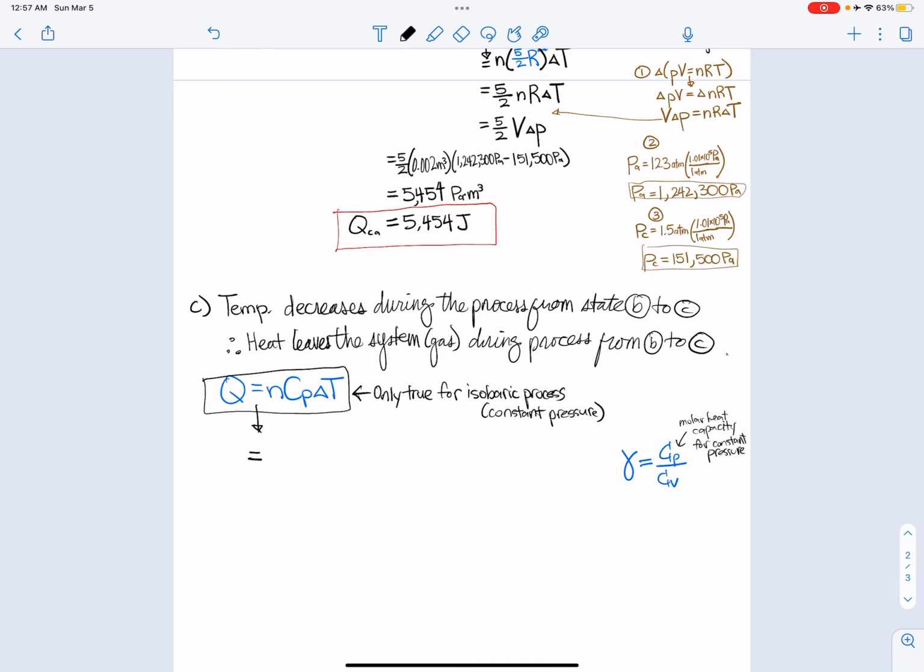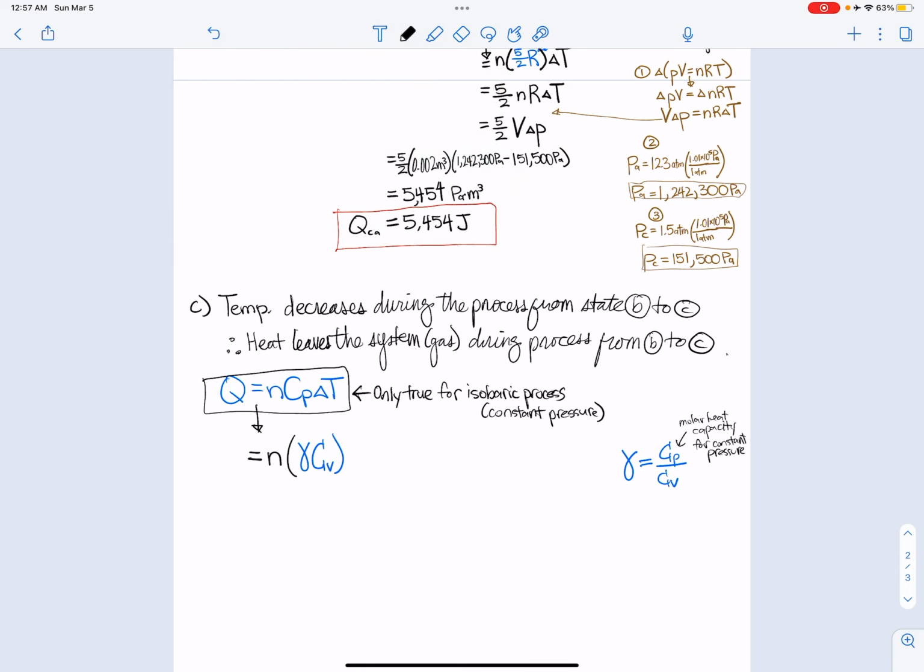So instead of Cp, I'm going to write n times gamma times Cv, because that's equal to Cp based on this formula.